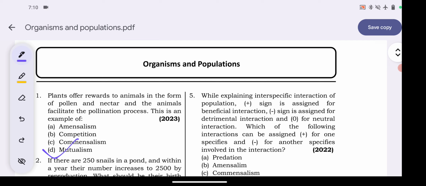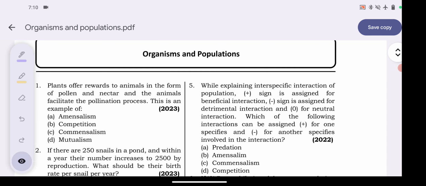Explanation: this is an example of mutualism. Mutualism is a type of symbiotic relationship in which both organisms involved benefit. In this case, the plant benefits by having its pollen dispersed by the animal, thus facilitating pollination, and the animal benefits by obtaining food in the form of pollen and nectar. So option D is your answer.